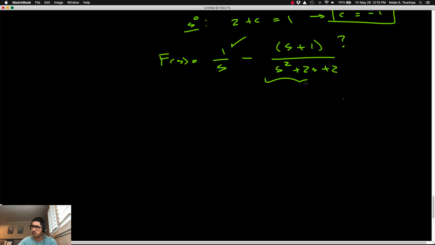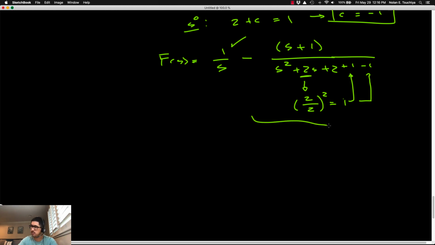In fact, generally when you have a quadratic denominator, the first thing you want to do is to complete the square on the denominator. What that means is to take the middle term 2, divide it by 2, and square it. So 2 over 2 is 1, 1 squared equals 1, and then I'm going to add and subtract that term, plus 1 minus 1, to the denominator so that I can produce a perfect square, right?